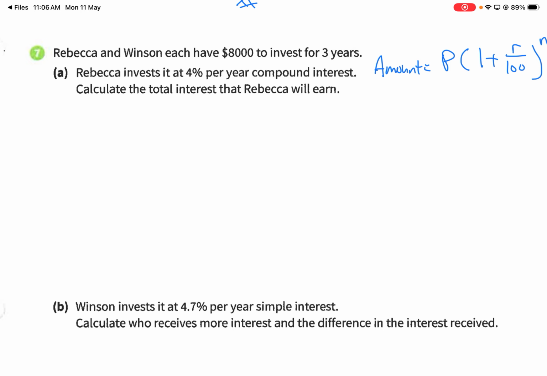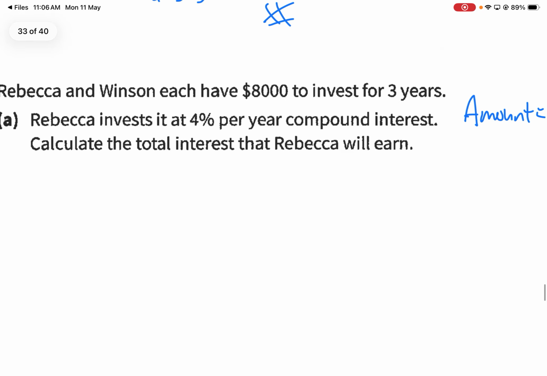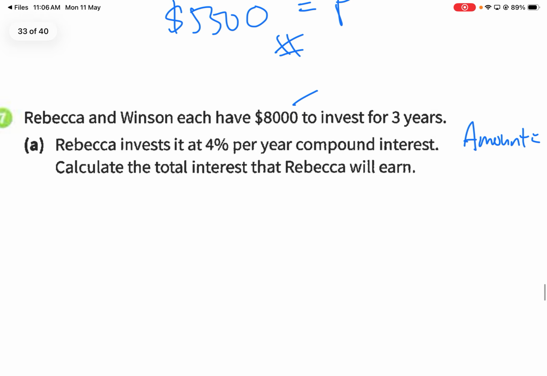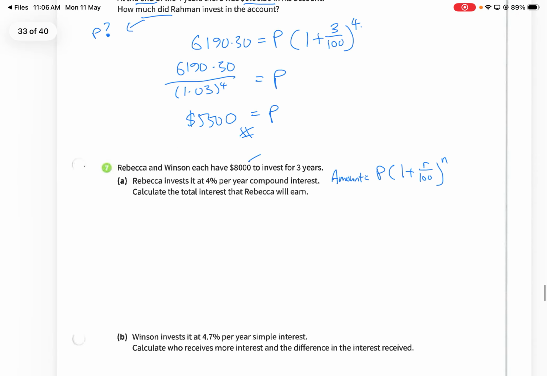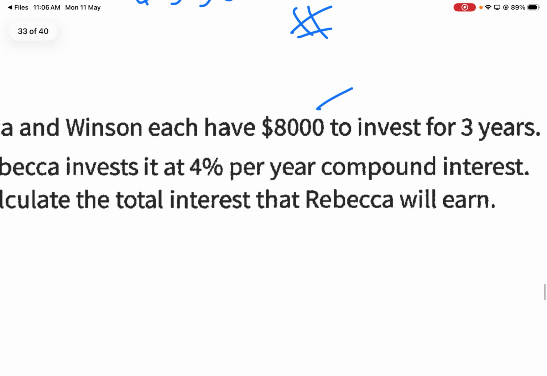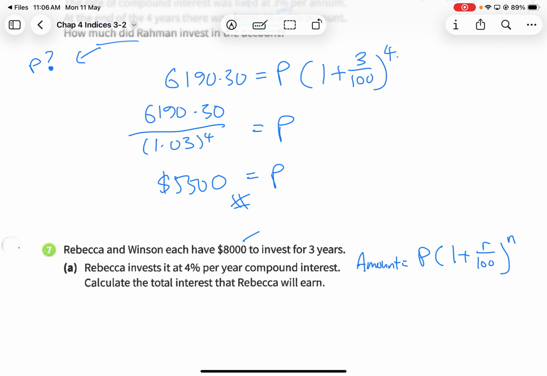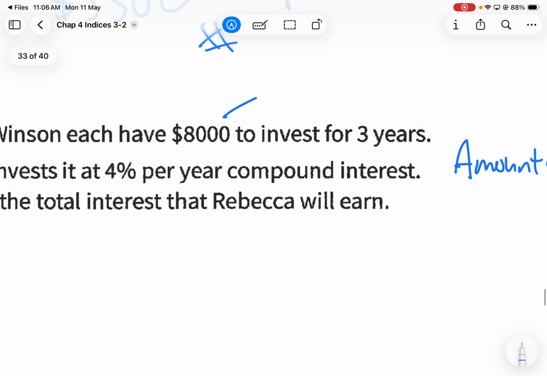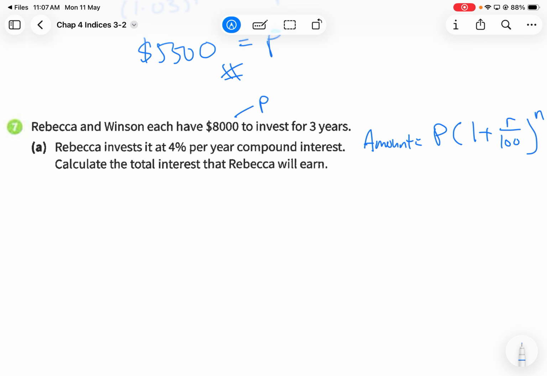So to answer part A, we must first be able to identify the starting amount or the original amount. This 8,000 is my P. Okay, 4% per year.